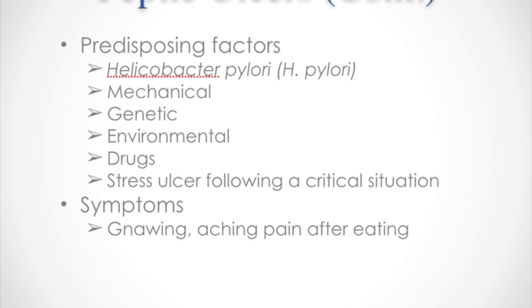There are many different protocols for treating H. pylori, but it's generally a combination of an antibiotic, a proton pump inhibitor, and metronidazole or Flagyl. And that combination treatment usually eradicates the H. pylori. But no matter what the cause is, the symptoms are the same.